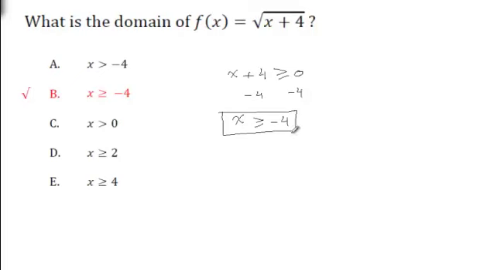Minus 5 is not greater than or equal to minus 4. Minus 5 is smaller than minus 4. Okay? So let's say we start by minus 4. And then minus 3, minus 2, minus 1, 0, 1, 2, 3, 4. All of these numbers are greater than minus 4. Like minus 4 also greater than or equal, so minus 4 is included, and then we move forward. Okay? So the domain of this function is x greater than or equal to minus 4, which is correct here.